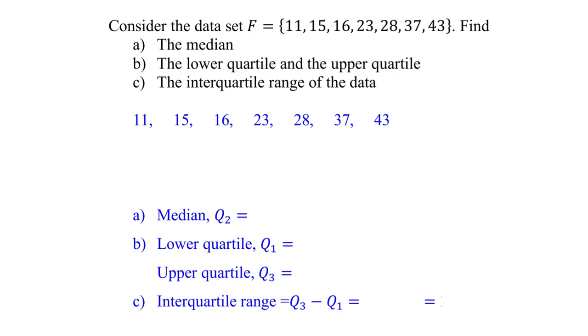Okay, so looking at this set of data, the median would be where the middle number is, and I saw that this particular number here is my median because this is right in the middle, and therefore there will be 3 data, 11, 15, 16 on the left side and 3 data on my right side, 28, 37 and 43.